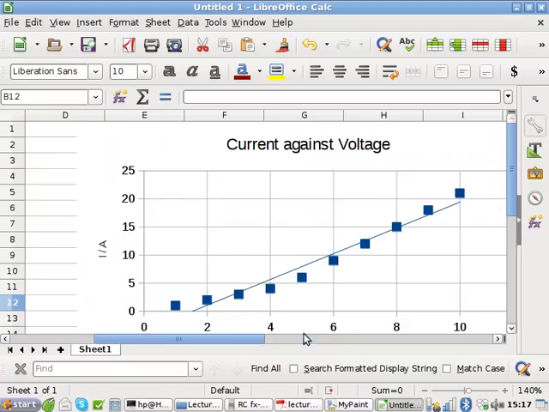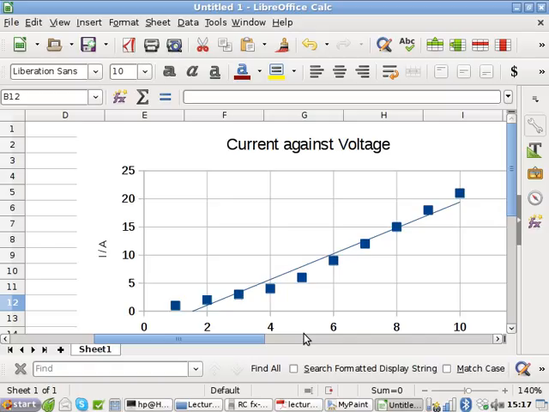Not linear. Linear. How can I spell it? L-I-N-E-A-R. Right. Ohmic?